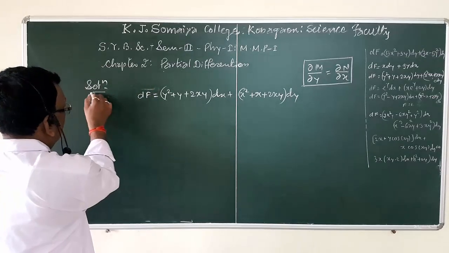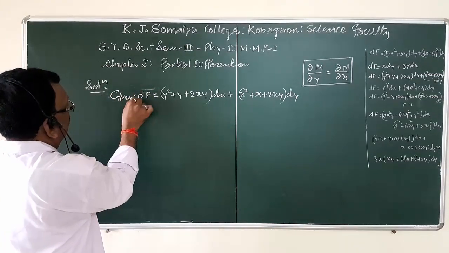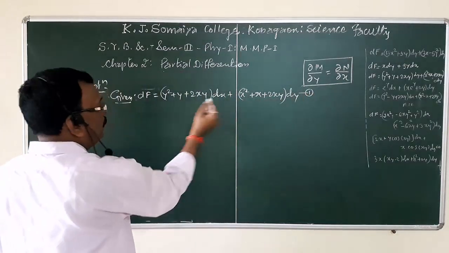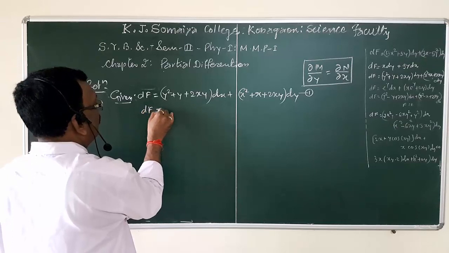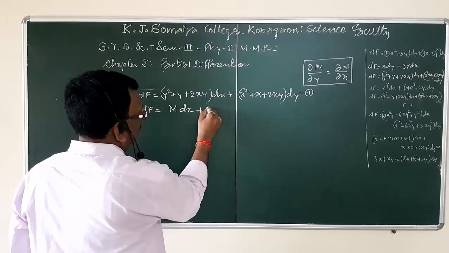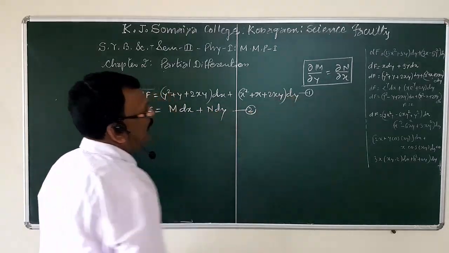For this purpose, consider the solution. Now, suppose this is equation 1. Compare this equation with the standard format of exact differential equation, df is equal to m dx plus n dy, and compare equation 1 and 2.